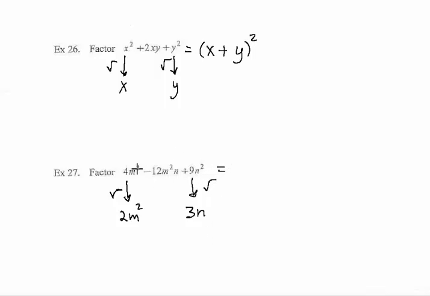So as long as this is a perfect square trinomial, then in order to factor it, I simply write 2m squared, 3n as my second term, and then I take the sign of this middle term and I put it in between the two terms. And so this factor squared is how we factor that trinomial.